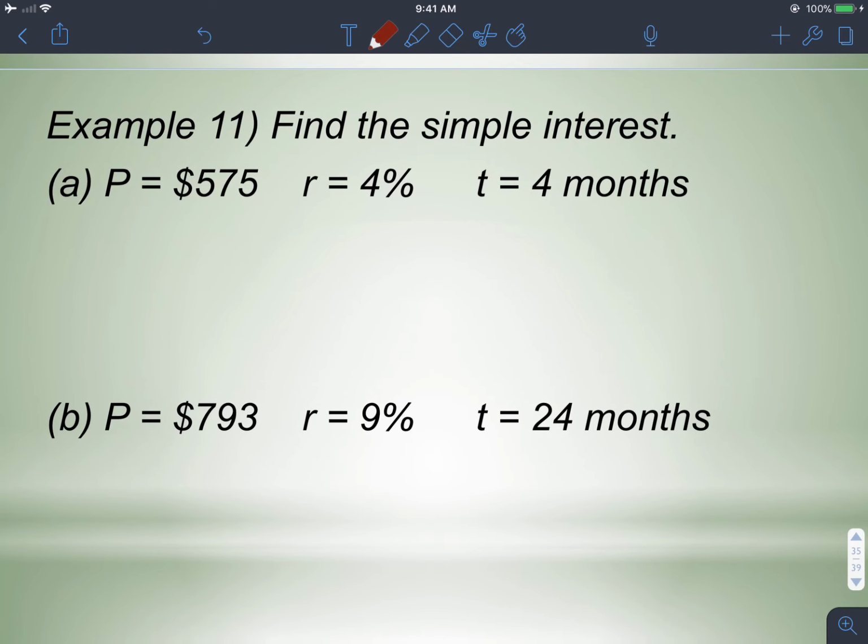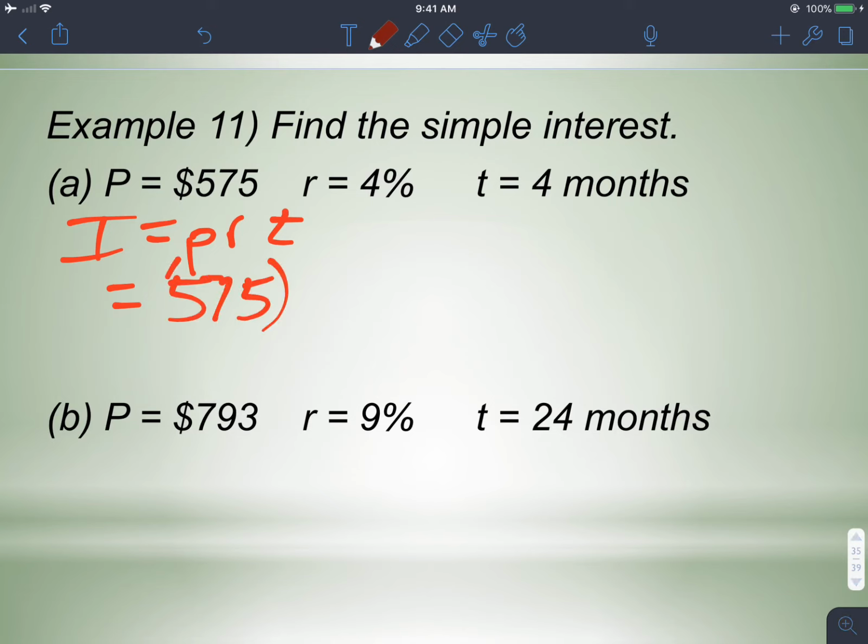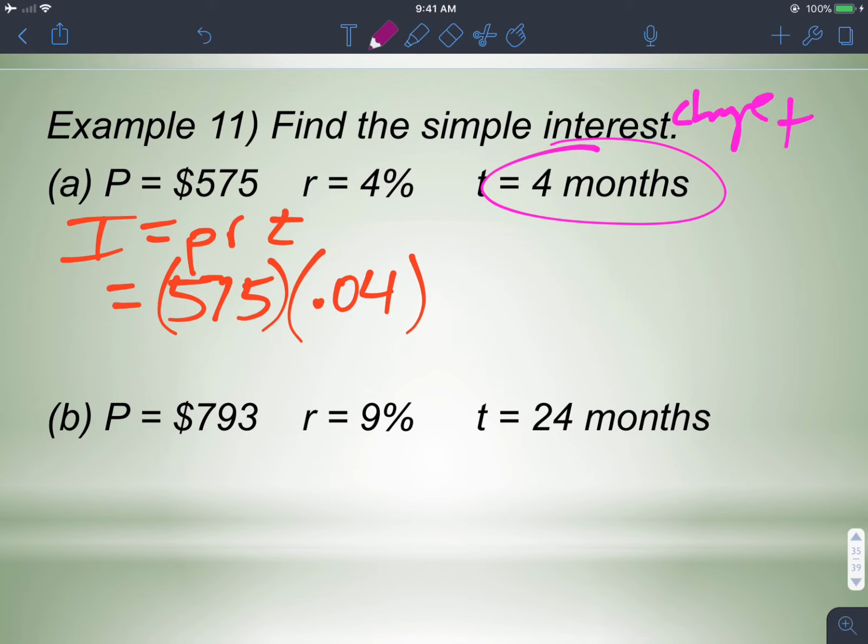Now it's in months. The trick here is I must change this to years. How many months? 12.